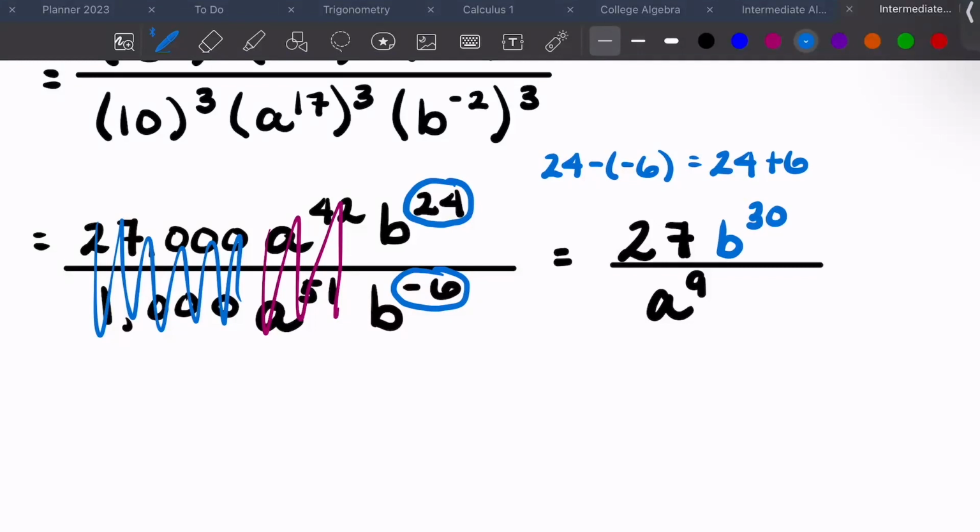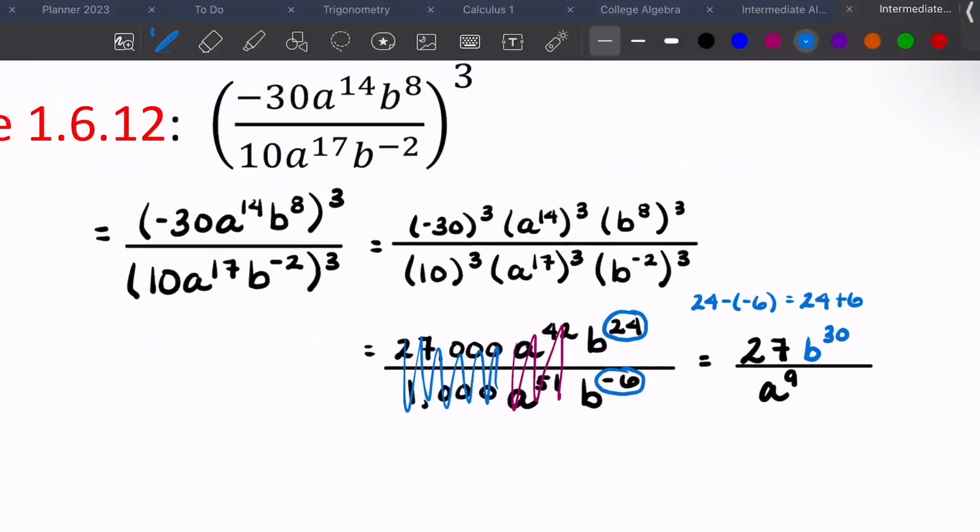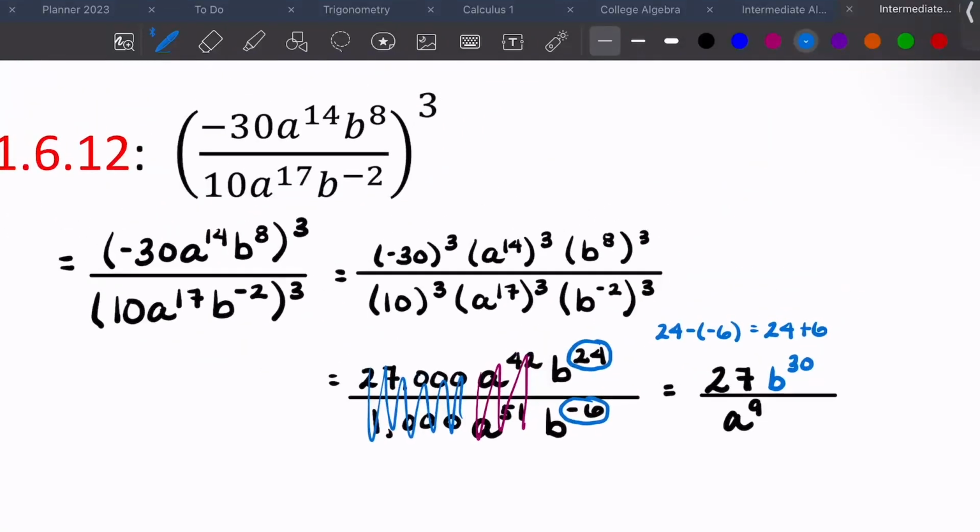I'm going to give you a second to look at that one. That one was pretty tough, but we just took it step by step with each of our rules. We took the 3 to the numerator and denominator. Then we took it to each piece in the numerator and denominator and did our power rules and then simplified.